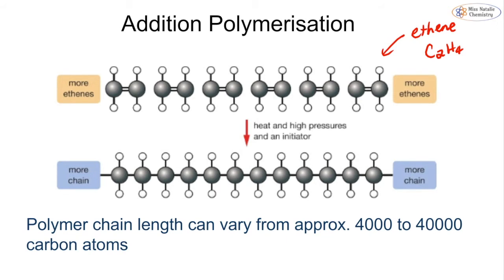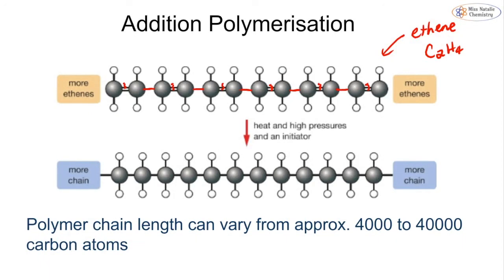And what actually happens at this high heat and high pressure is the double bond breaks all along the chain, and we leave a single bond, so only one of the bonds breaks, and that then forms a bond with the carbon next to it. So we'll get bonds forming in the spaces. So we go from having two bonds between carbons to having one bond and then forming another bond on its left or on its right.